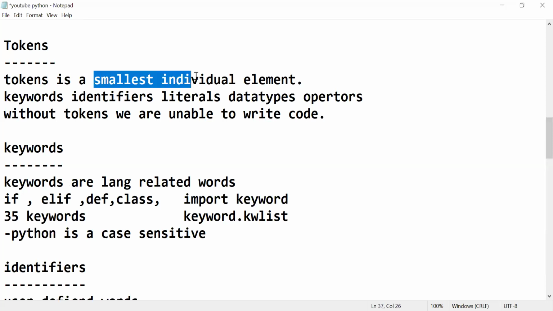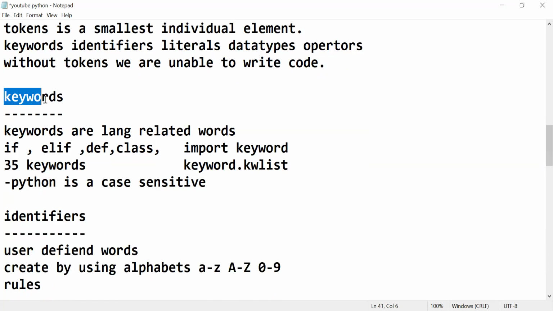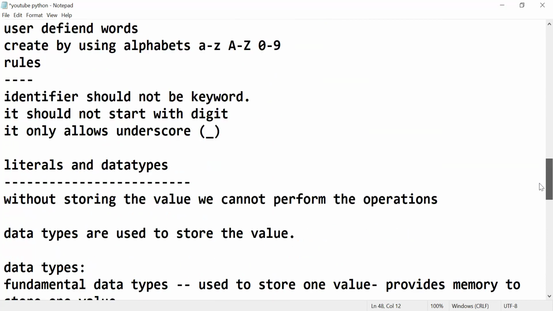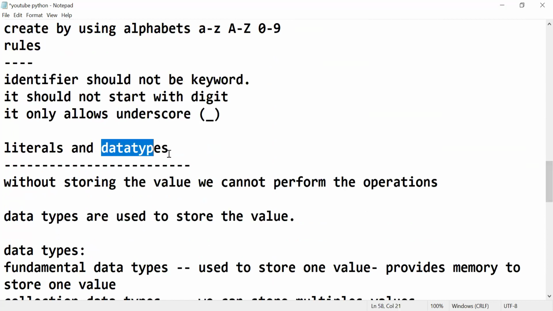Tokens are the smallest individual elements, and in tokens we have keywords, identifiers, literals, data types, and operators. I hope you understand what keywords, identifiers, literals and data types are.